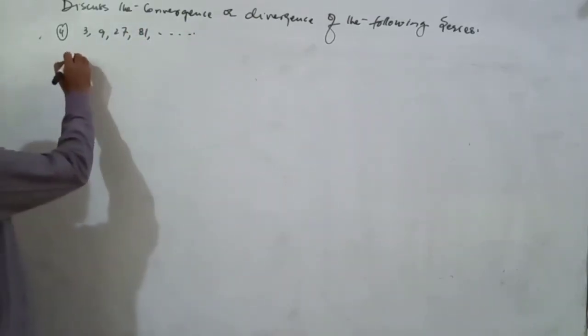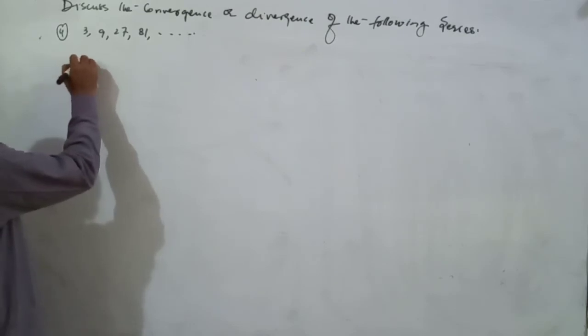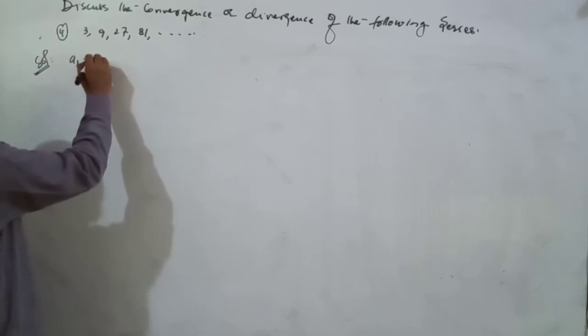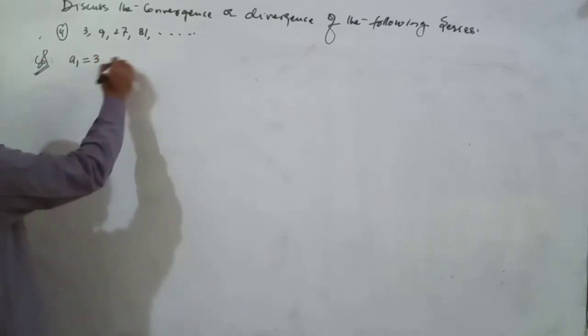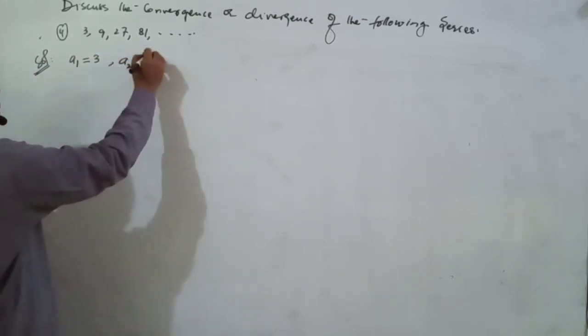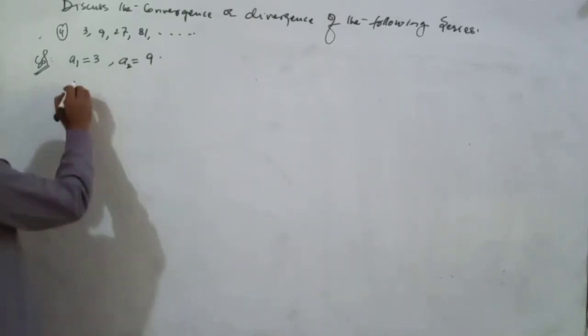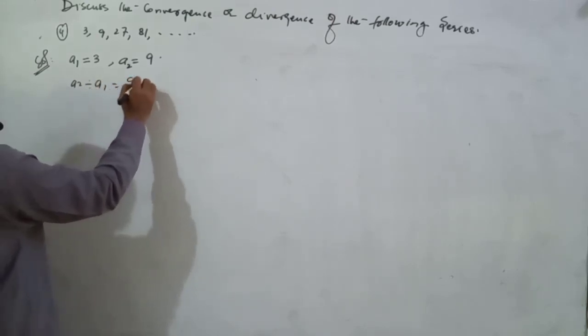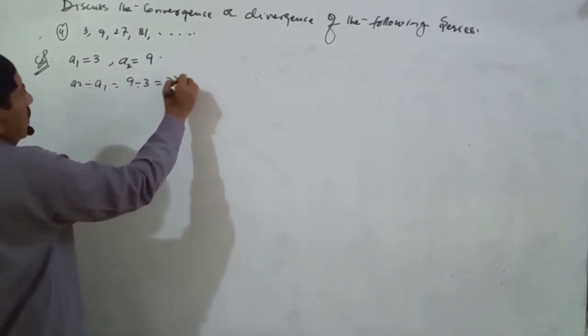So as A1 is equal to 3, A2 is equal to 9, A2 divided by A1 is equal to 9 divided by 3 is equal to 3, which is greater than 1.